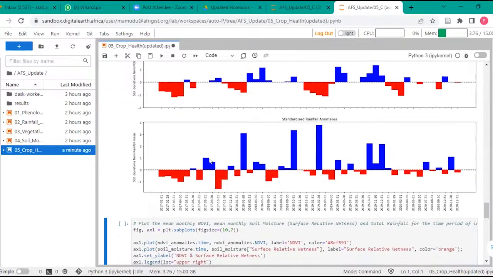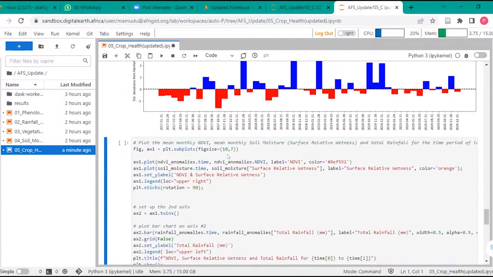Likewise, for the rainfall, we can see those areas that are blue showing us those months when we had better rainfall than the normal, and those in red showing us months where we had not as good rainfall as the normal.